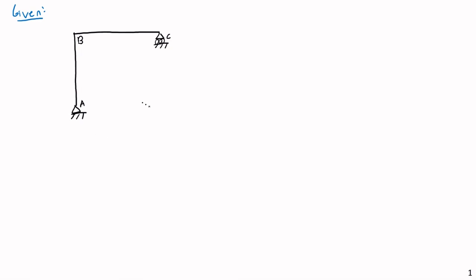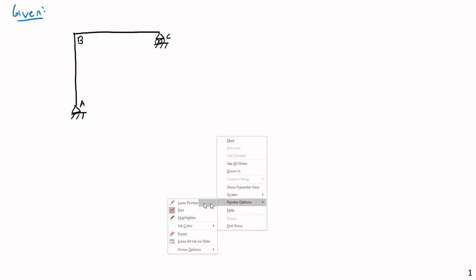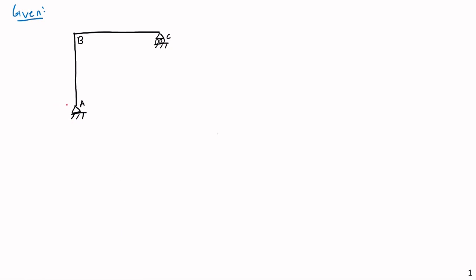So we have joints A, B, and C here, and then we're going to have loads here, and these are going to be real loads. Along the column, we're going to have a load of 1 kip per foot all the way to the top, going to the right.